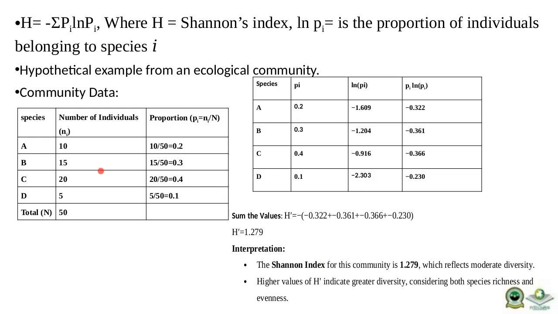By looking at these numbers, you cannot pinpoint a particular species that is dominating. Species are very rich: this one is 10 in number, this one is 20, this one is 15. A, B, C are all competing in this particular community. The only one that is very low in number is D.